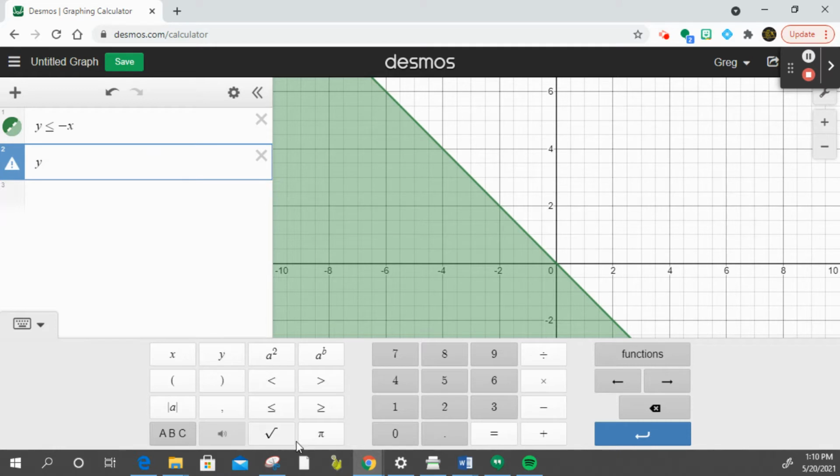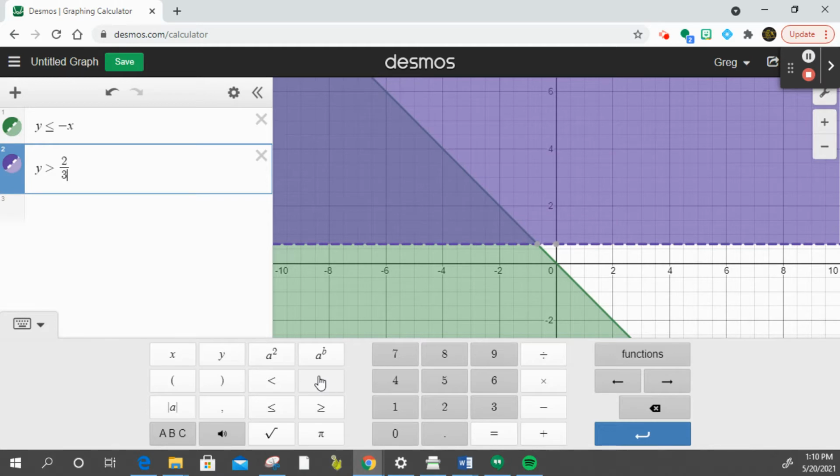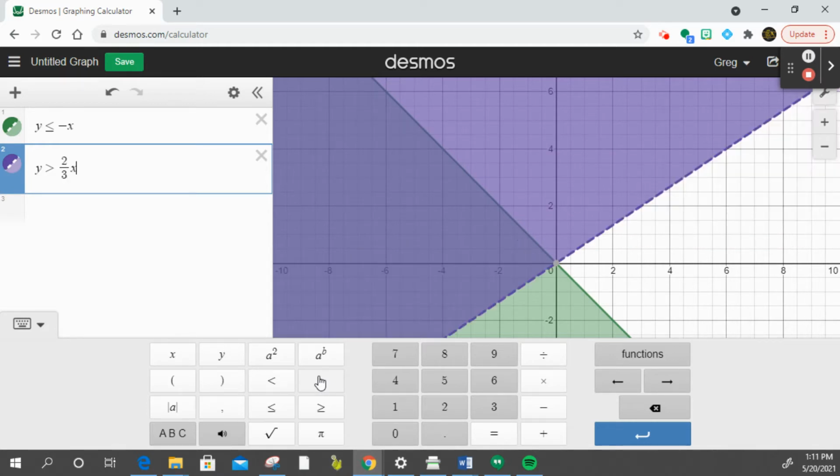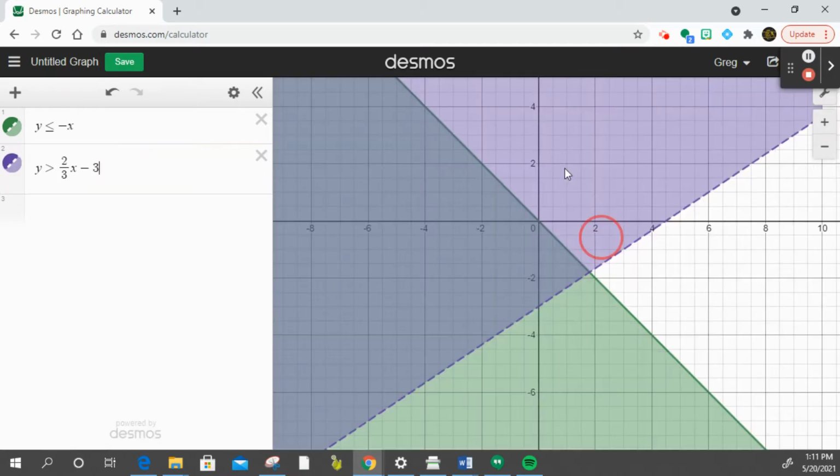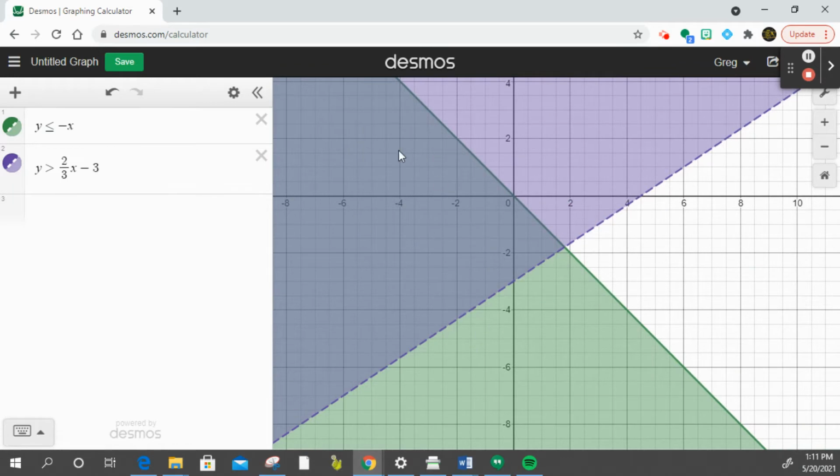Y is greater than 2 divided by 3 gives you that fraction. Arrow over, so use your right arrow to arrow over to put your x minus 3. So this time our colors collide here. On the final, it's going to literally have 4 graphs, and just pick the graph that looks like this one.